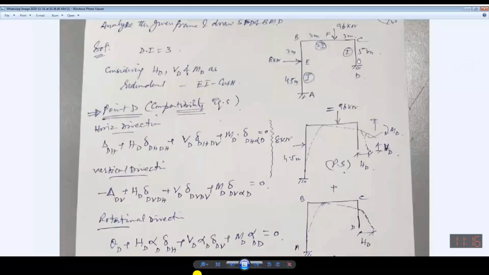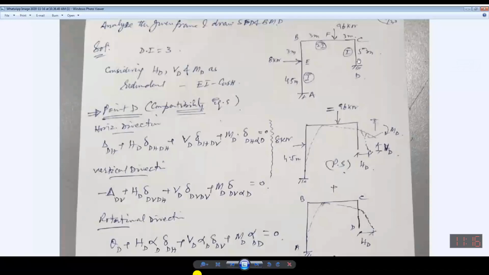So due to the redundant horizontal force HD, there will be the horizontal displacement, vertical displacement, and the angular rotation.